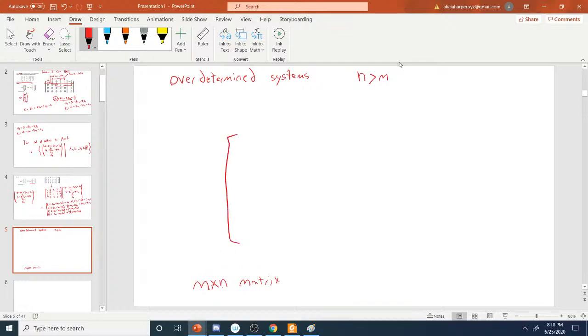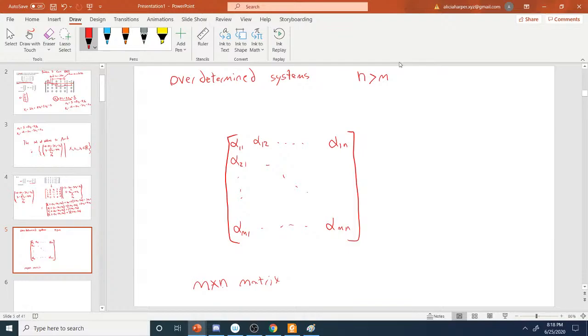So here we'll have alpha 1,1, alpha 2,1, alpha 1,2, blah, blah, blah, all the way over until alpha 1n, and all the way down until alpha m1, and all the way over until we get to alpha mn.